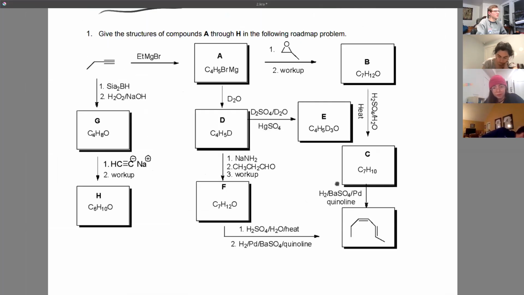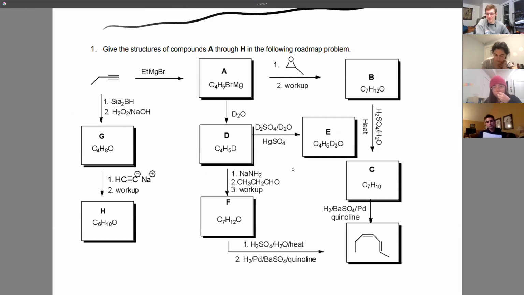The question is, we have to fill in the rest of everything that's in this huge map. These things are complicated, right? And yes, they're not going to ask you a roadmap on your exam, but they're going to ask you all these individual reactions on your exam anyway. So it'll be good practice anyway, right?